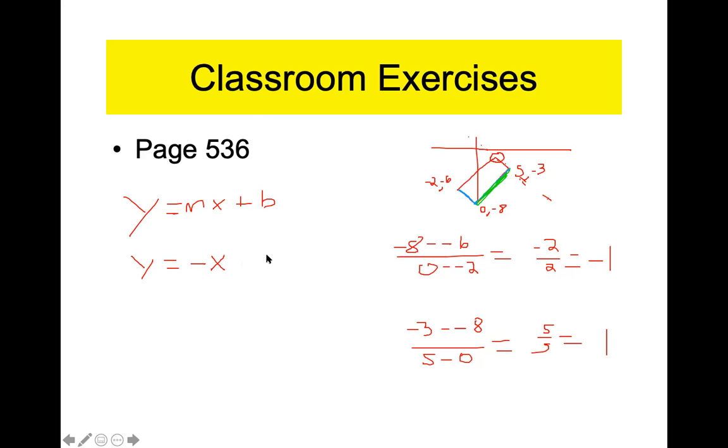We already know that (5, -3) is on that line. So if we plug those numbers in, x is 5, so we get -1 times 5 is -5 plus b. And we know the y value there is -3. So if we add 5 to both sides, we get b is equal to 2.